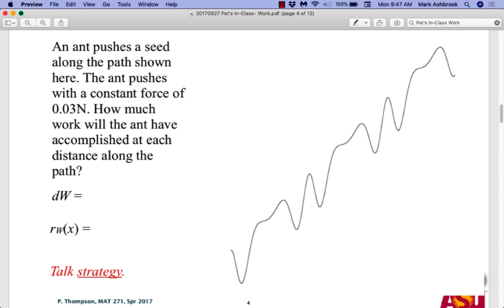So if we want to figure out the accomplished work, or the accumulated amount of work, what are we going to need? Rate of change of work, right? So that's what this is showing here.